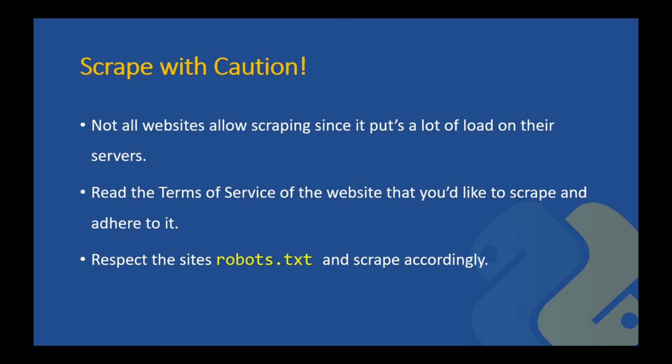If the address of a web page is, let us say, example.com, you can just go to example.com/robots.txt and you'll have a text file mentioning all the details of what to scrape and what not to scrape. So please respect the robots.txt, because if you don't, it will have unexpected consequences like blocking your IP.